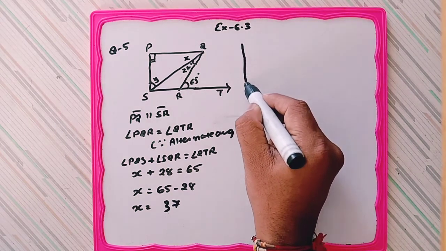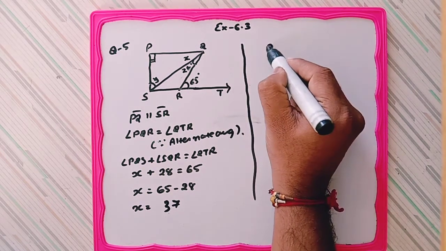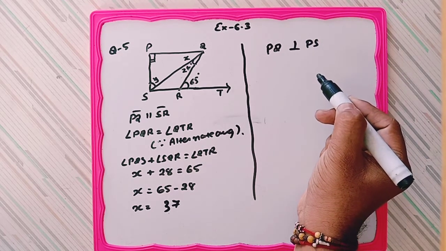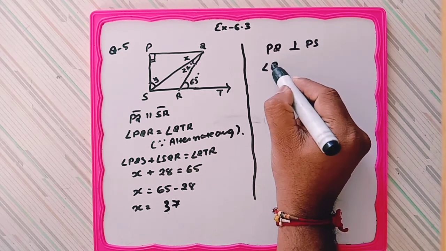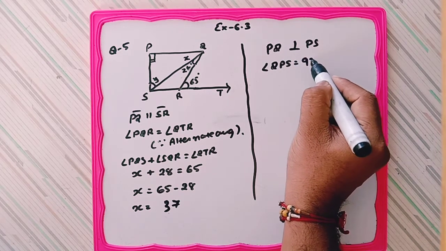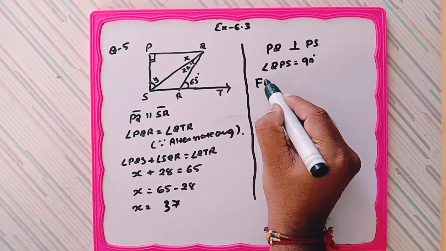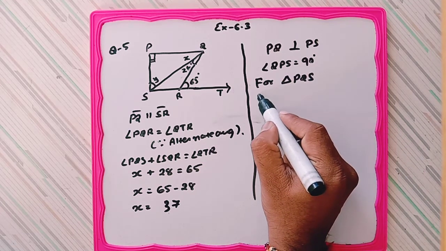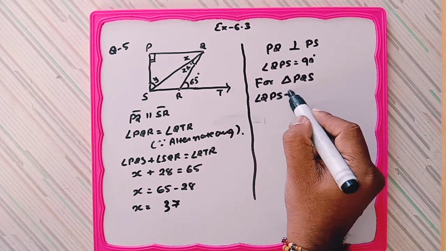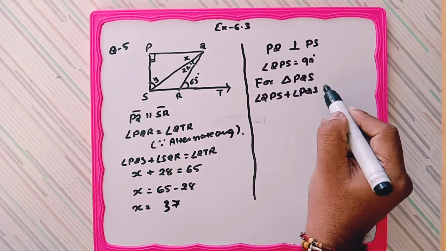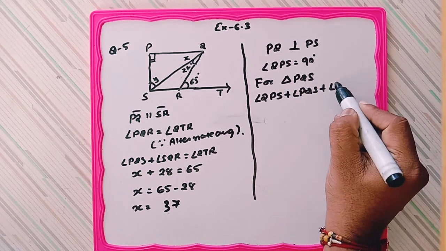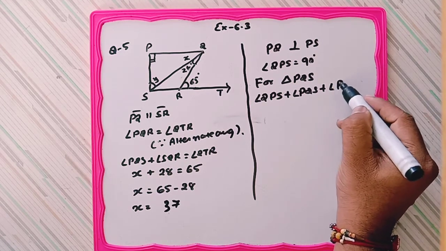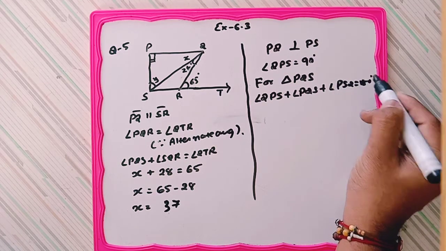Now here it is mentioned that PQ is perpendicular to PS, and so angle QPS equals 90 degrees. So for triangle PQS we have angle QPS plus angle PQS plus angle PSQ equals 180.